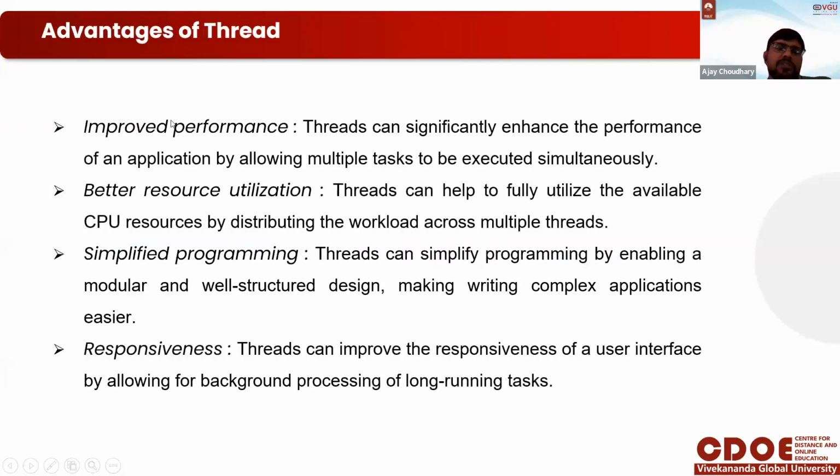What is the advantage of threads? Whenever we perform our single process as multiple small threads, then it improves responsiveness. Response improvement means the performance automatically increases. For resource utilization, we have multiple resources, input, output, hardware, and we put our process in a multi-threaded system, then the resource utilization is also better.